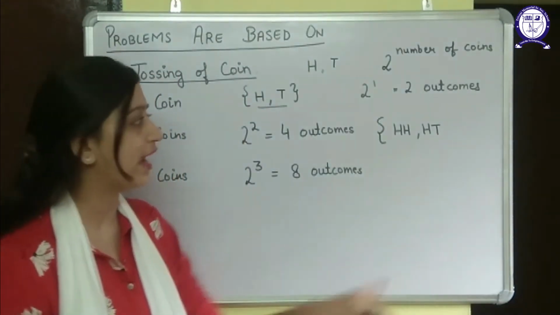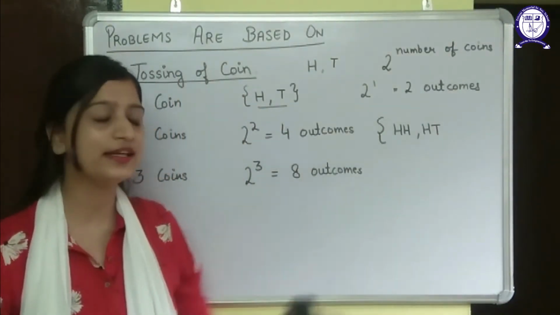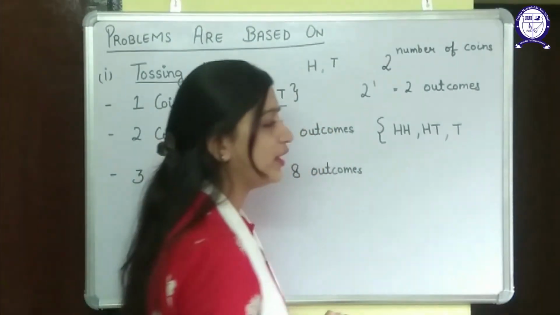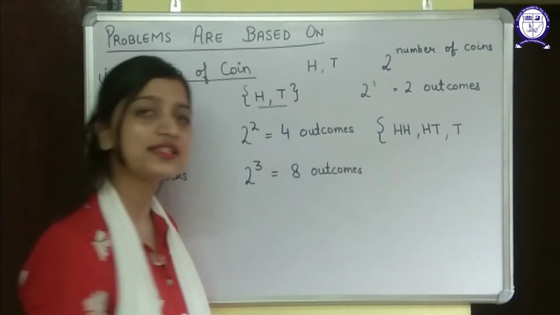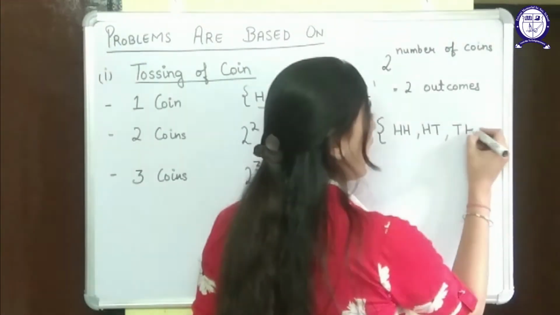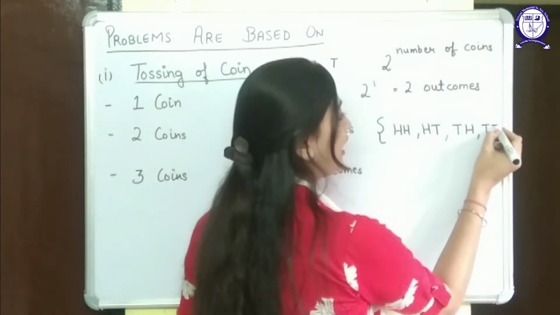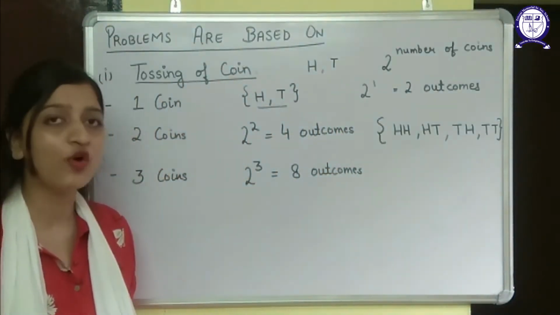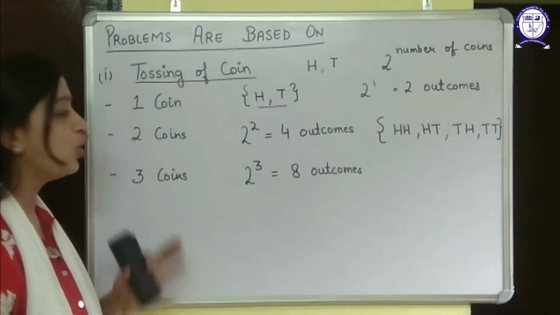I cannot take head again because I have already taken it. Now suppose I have tail on the first coin and head on the second coin. And I can similarly have tail on both the coins. So these will be my 4 outcomes for 2 coins.